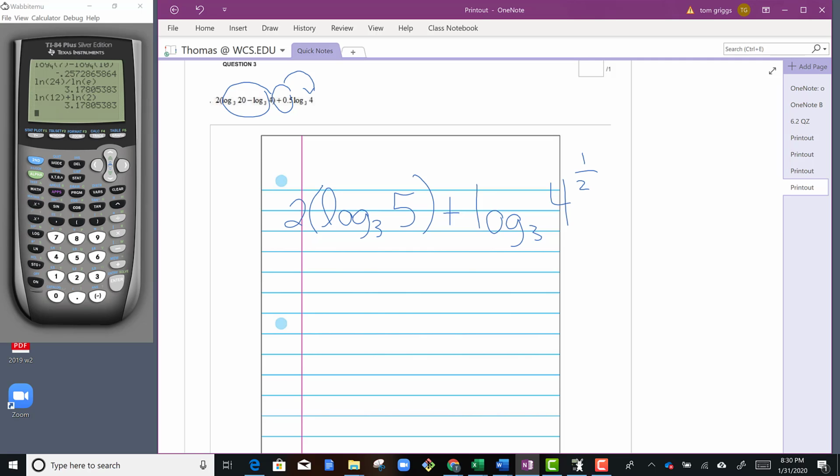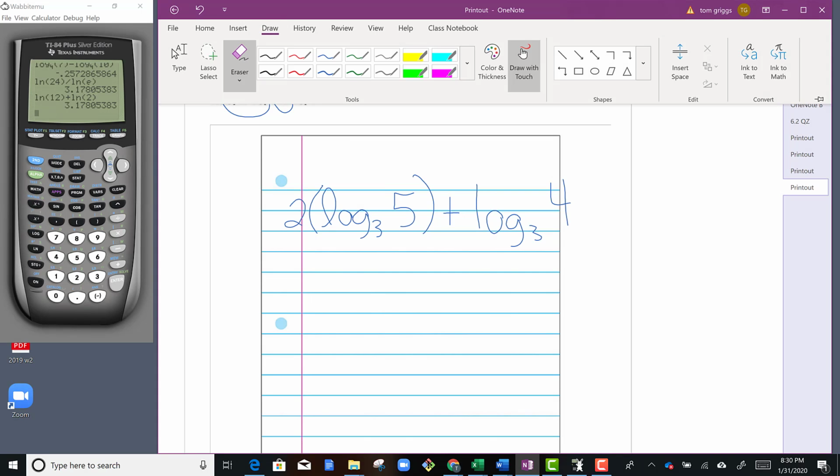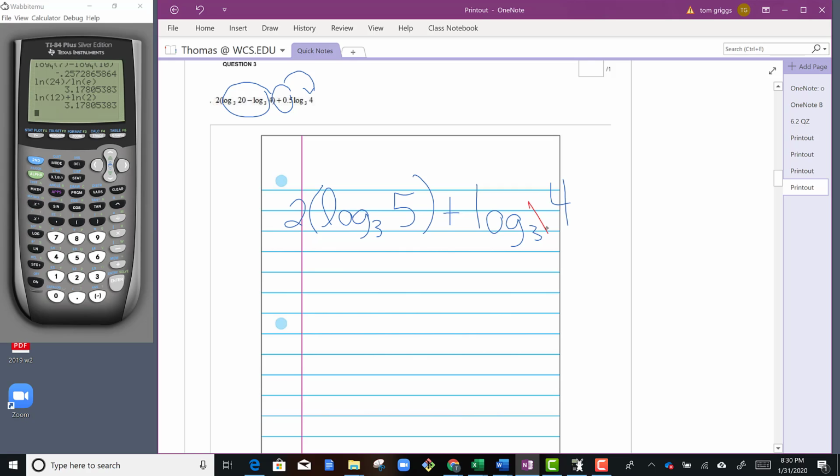And you should recognize that 4 raised to the 1/2 power is the exact same thing as the square root of 4 from our rational exponent lesson. So ultimately, this is going to simplify to log base 3, 2.